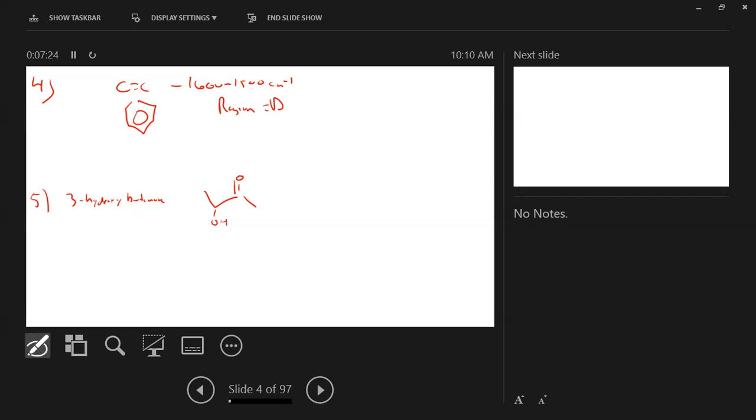We have the OH stretch here, and we have the carbonyl stretch. So we're looking for that. Your carbonyl will be 1740. The OH will be around 3530.